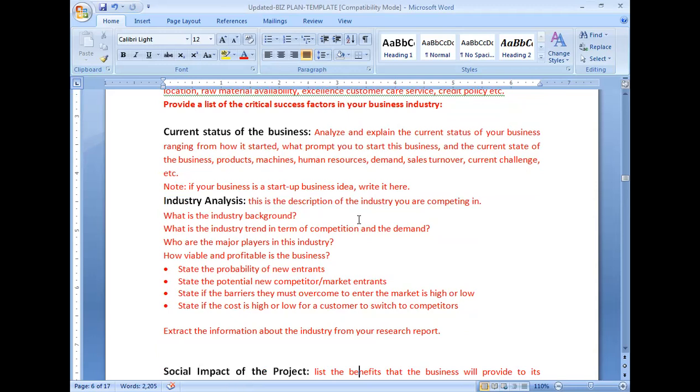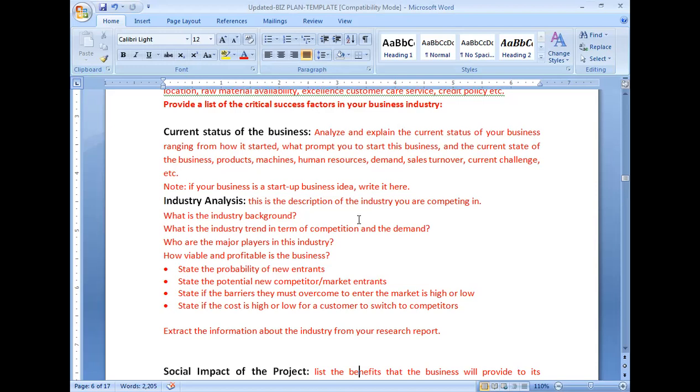To work on this, just go and do a Google search, type industry analysis. Let's say you are into education, you can say industry analysis for private education, let's say your school is in Kano State. Once you have done that, you are going to see a lot of write-ups about the industry.